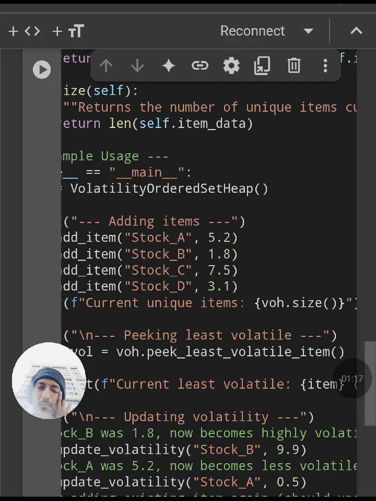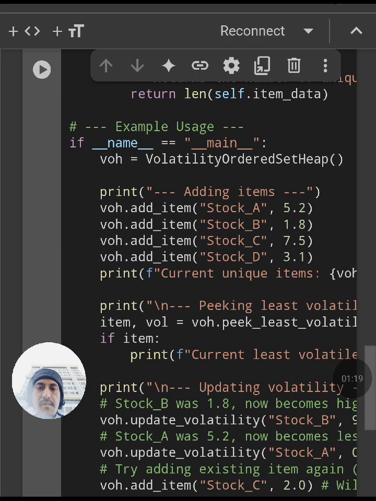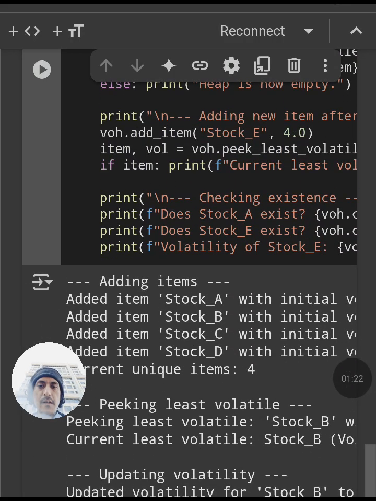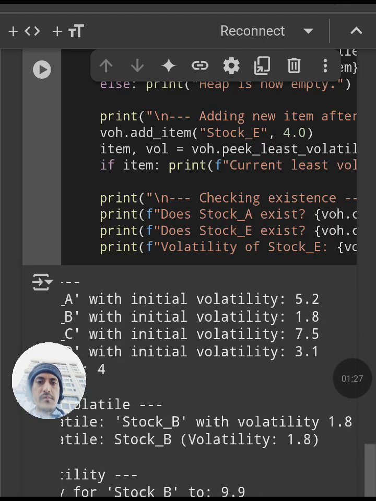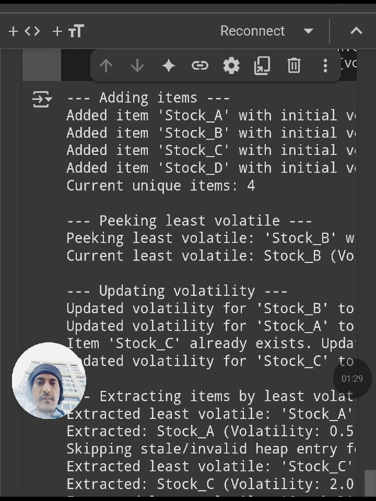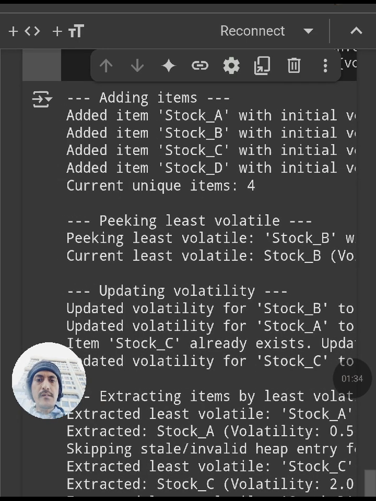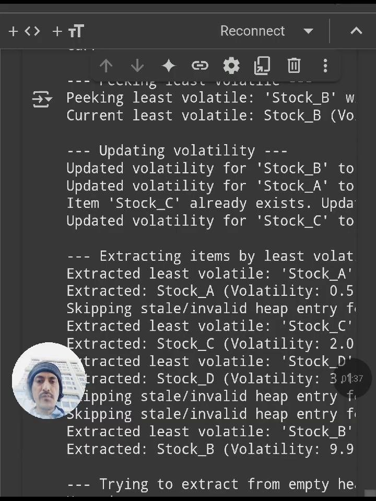So picking least volatile, for instance here. So these are the cores. So let's see the output. Adding item stock A, stock B, stock C, stock D, then picking least volatile, stock B with volatility 1.8, then stock C, and so on.